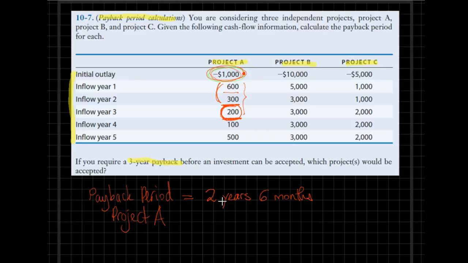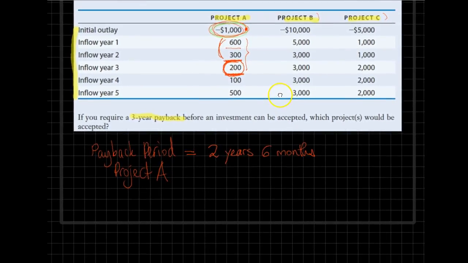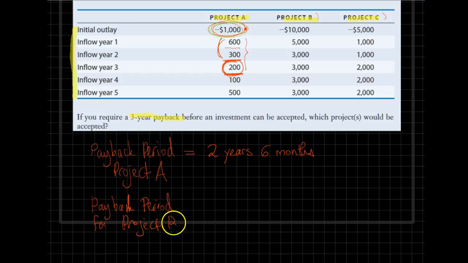Now we can apply a similar logic to projects B and C as well. Let me scroll down slightly. Okay, there we go. The payback period for project B, let's use the same logic.